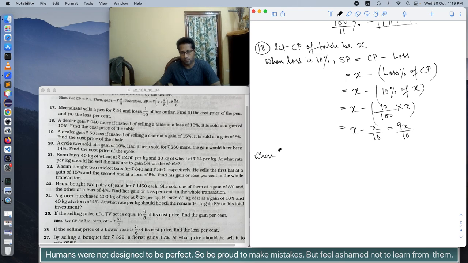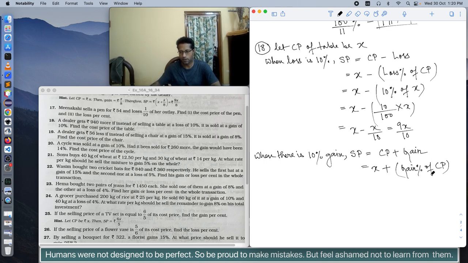Similarly, when there is a 10% gain, the selling price will be equal to cost price plus gain, which is equal to cost price, we have assumed the cost price to be X, and the gain is equal to gain percent of cost price.